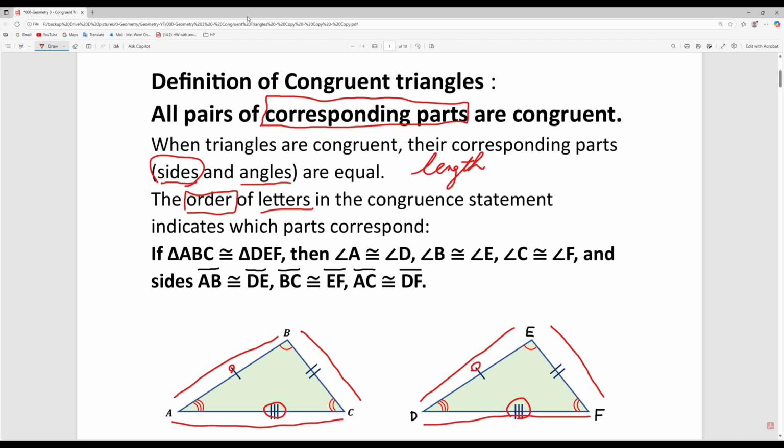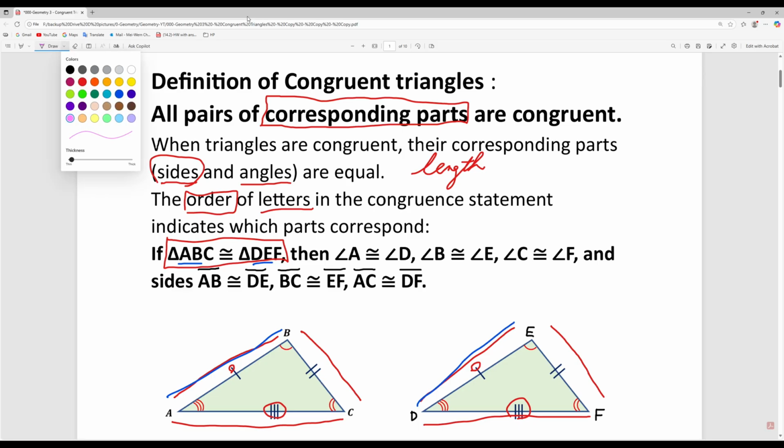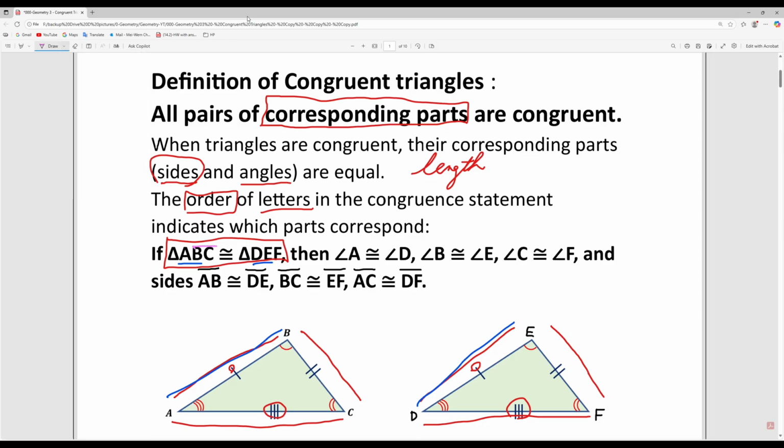How do we know that? Because they tell you two triangles are congruent, and the letters have their own order here. AB, DE, AB, DE. And let me change color. BC, EF, BC, EF. So same thing, AC equals DF.